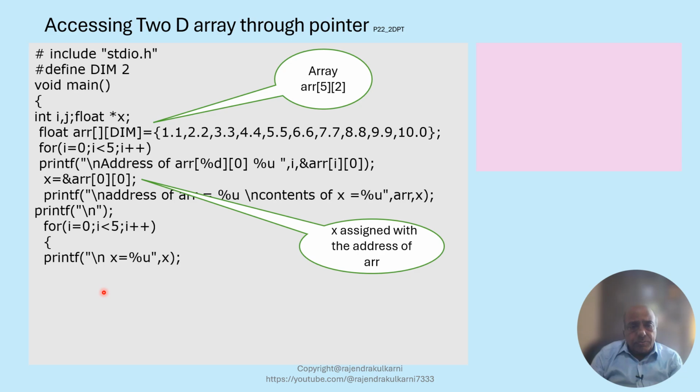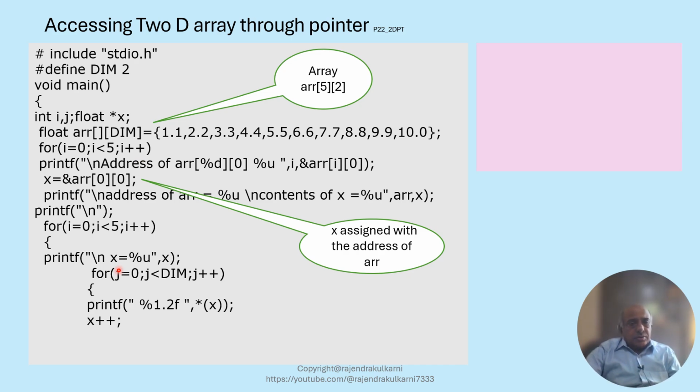Then there is a for loop, and through this for loop we are displaying the address of pointer X in every iteration of the loop, and we are also displaying the values contained at the locations pointed to by X using the indirection operator star.